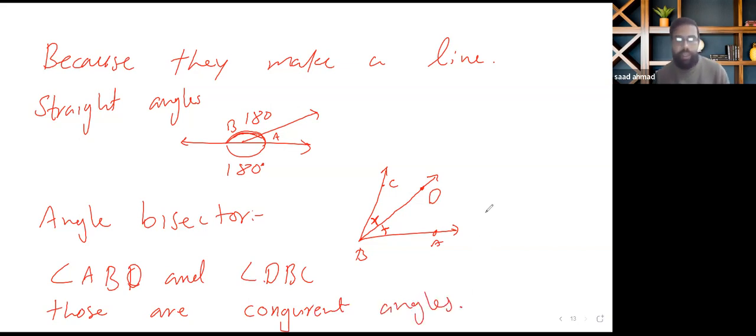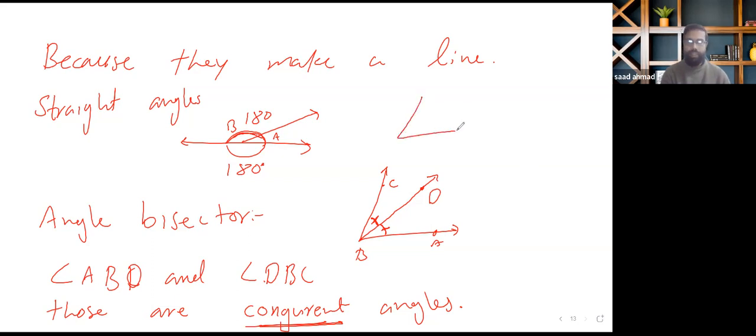We do not use the word equal for them because they have different names and they are in different positions, but their measurement is the same. How open they are is the same for them. So the word congruent represents that they can be in different places but their measure is the same.